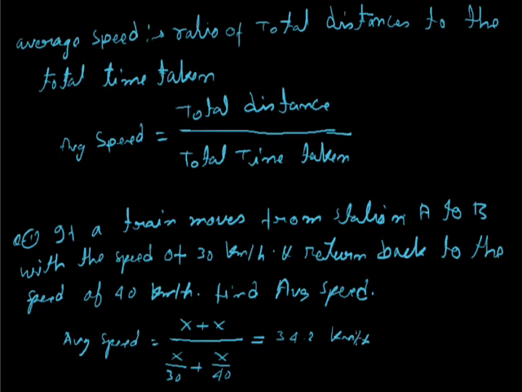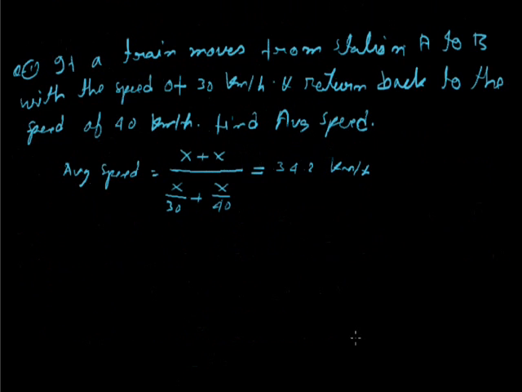And when you know the speeds in V1, V2 form, you can also use a direct formula. When you solve this, average speed is equal to twice V1 V2 upon V1 plus V2.